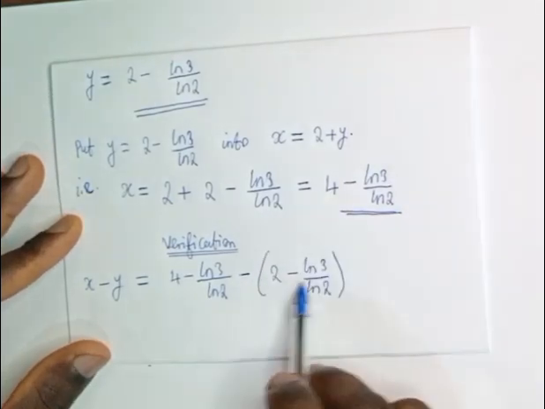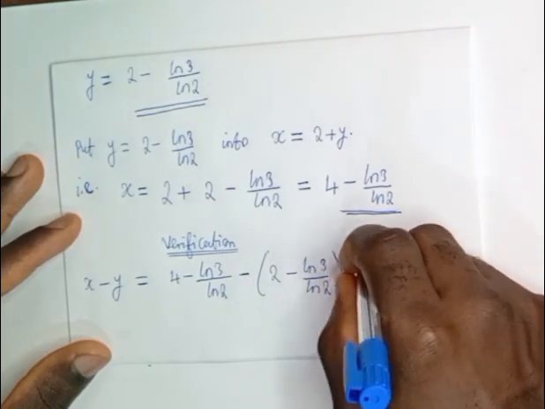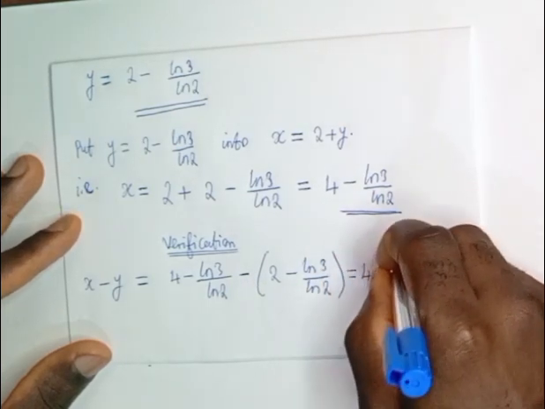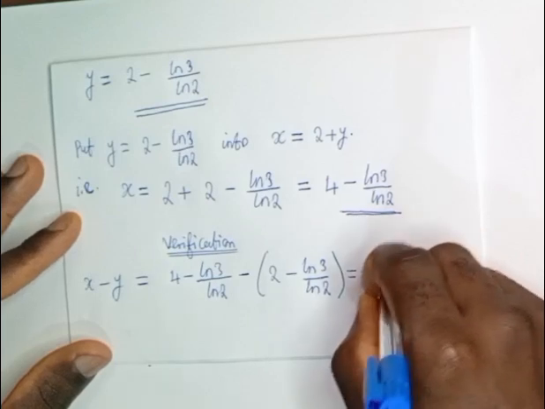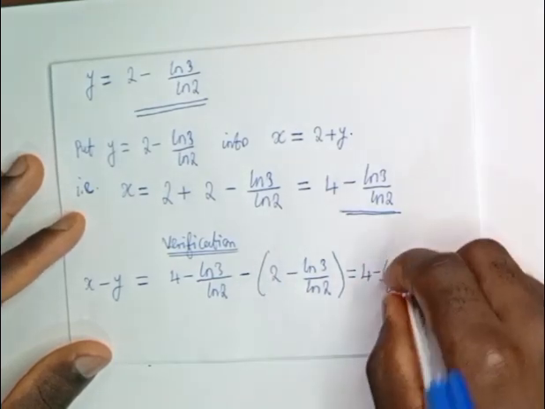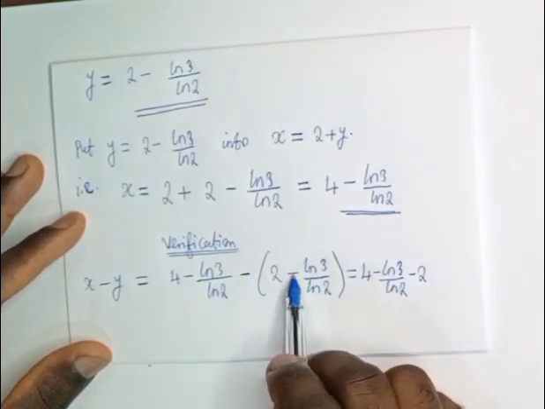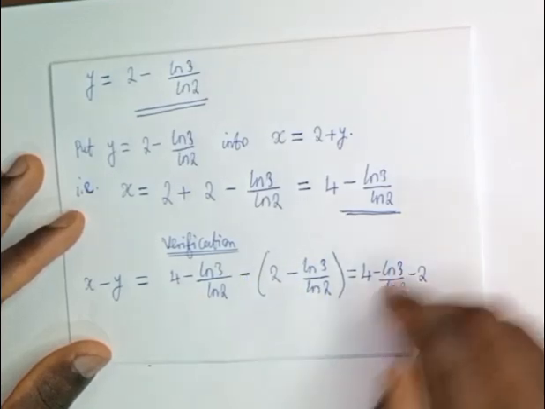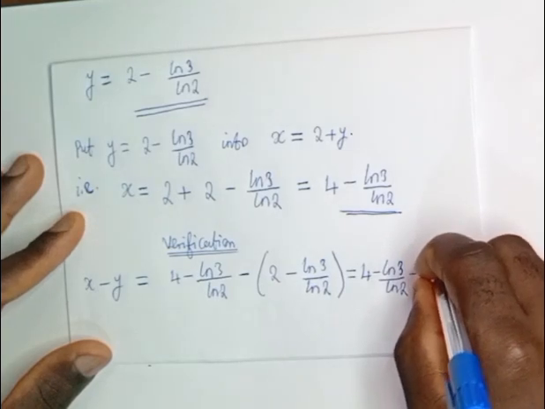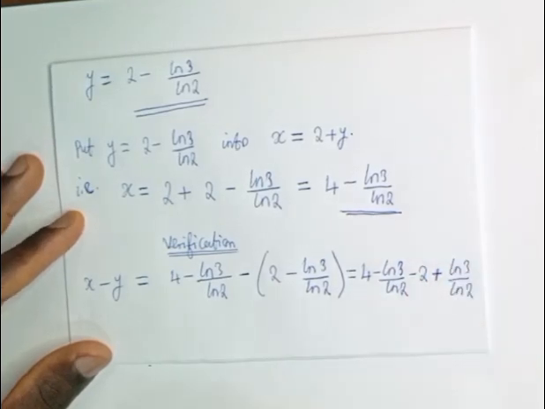It is in bracket because we have to multiply all this by negative 1. This will simply be equal to 4 minus ln 3 over ln 2. Negative 1 times 2 gives negative 2. Negative 1 times negative ln 3 on ln 2 gives us plus ln 3 over ln 2.